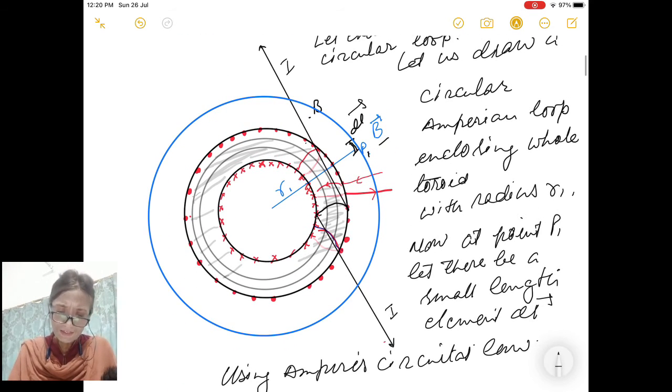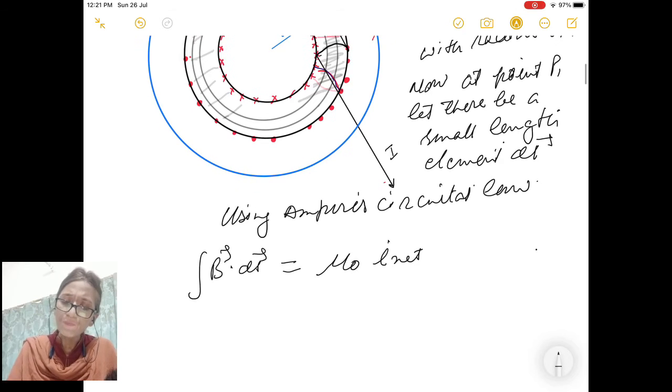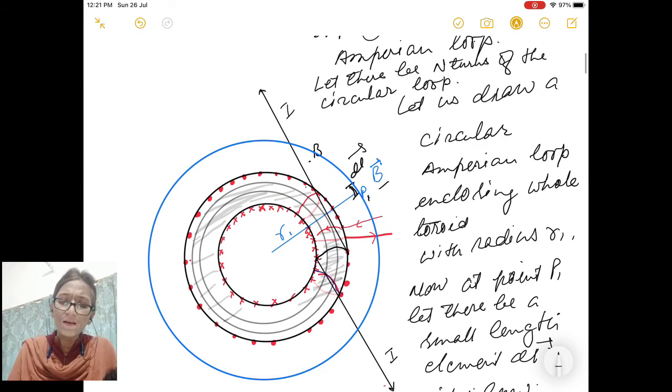Number of turns is N, and at each turn you can see that current is coming out at this very place and it is going inside.